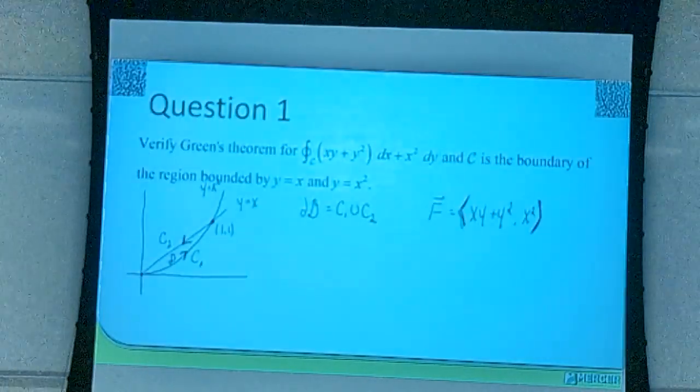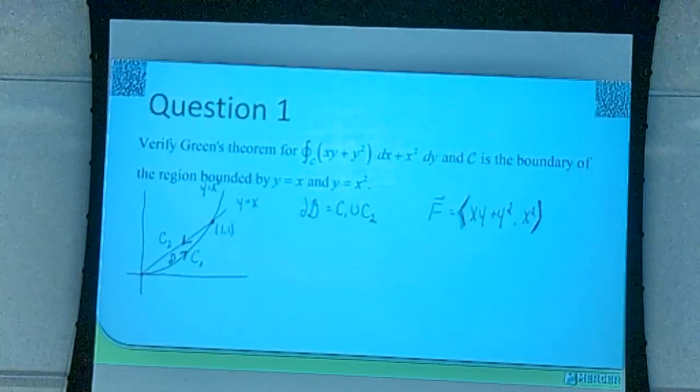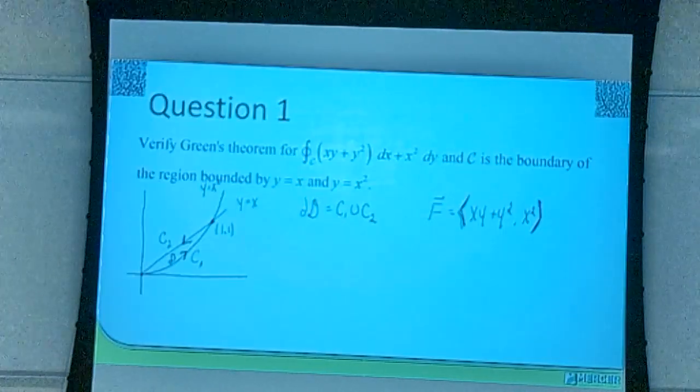First, we're going to directly evaluate the line integral. That means we need two parameterizations: one for the first curve and one for the second curve. First curve, C1.